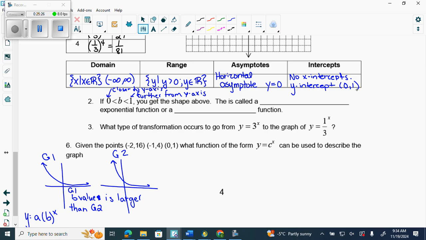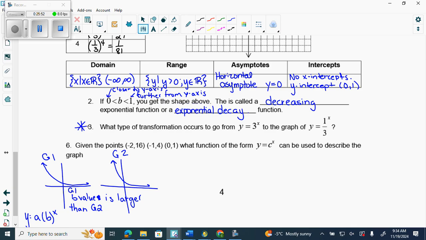So if your b value is between 0 and 1, you get the shape above. This is called a decreasing exponential function, or an exponential decay function. This one I star because everyone forgets about it.